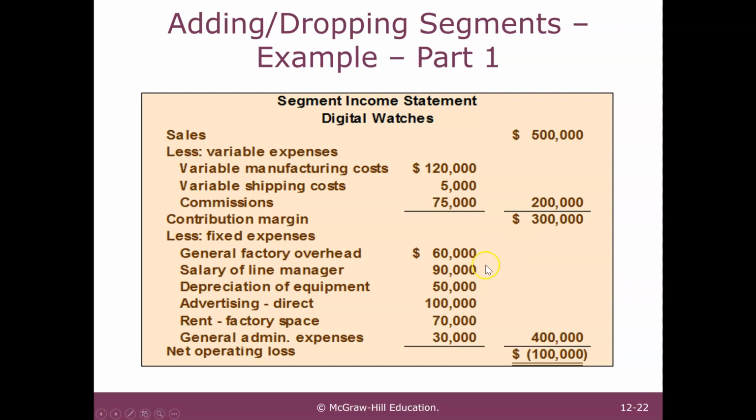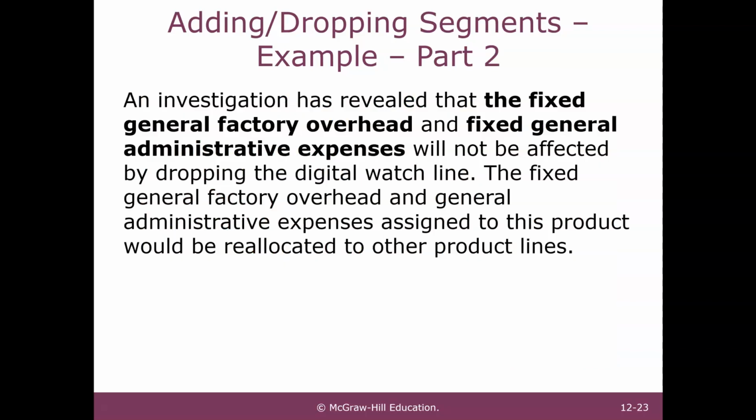Looking at the fixed expenses, they have $400,000 in fixed expenses, which gives you a net operating loss of $100,000. So you can see why they're looking at trying to take this portion of the business away.